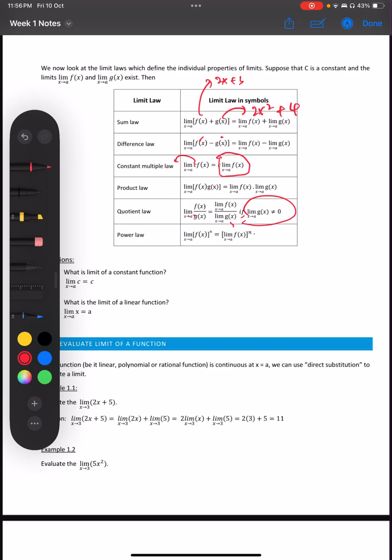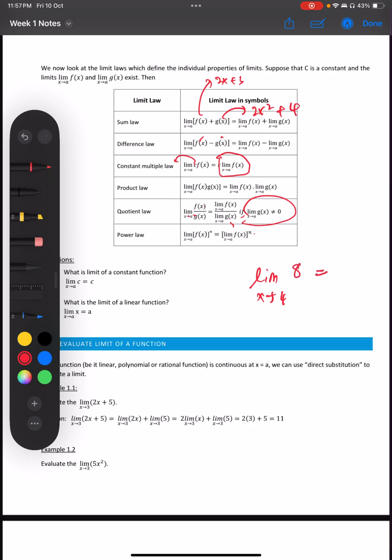All right. The question here says, number one, what is the limit of a constant function? So let's say the function is constant. You don't have any independent variable or dependent variable. It's just a number. For example, the limit as x approaches 4 of the number 8.